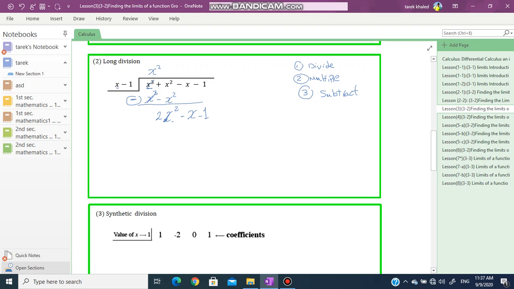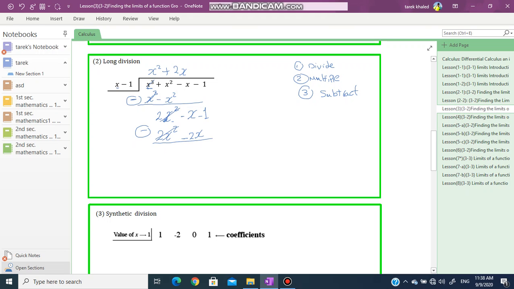We will repeat the steps. 2x power 2 divided by x will be positive 2x. 2x multiplied by x will be 2x power 2. 2x times negative 1 will be negative 2x. Subtract. 2x power 2 minus 2x power 2 will be cancelled.